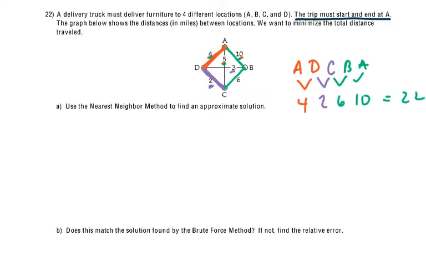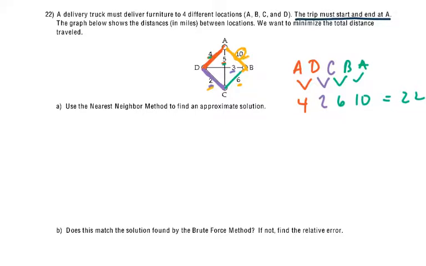So what happened here is that when we got to this last part, to go from B to A, that's the biggest weight out of all of them. So let me highlight that in yellow. That right there is the largest weight, and by default, because from A to D was the smallest, and from D to C was smallest, then when we went to B, because we couldn't go back to A yet, that was less ideal.